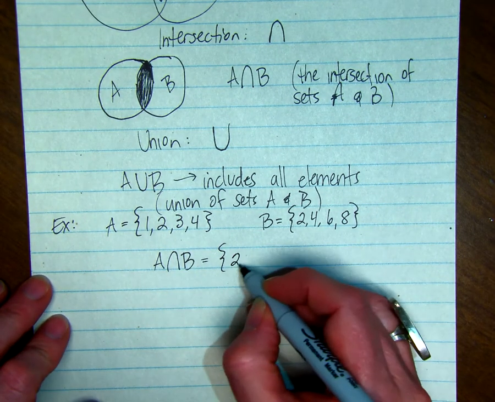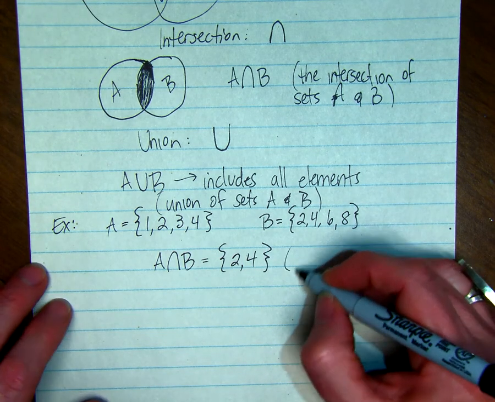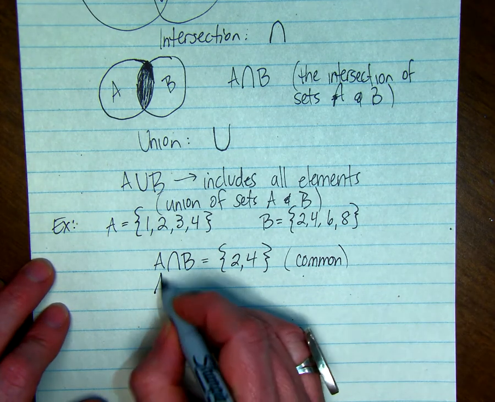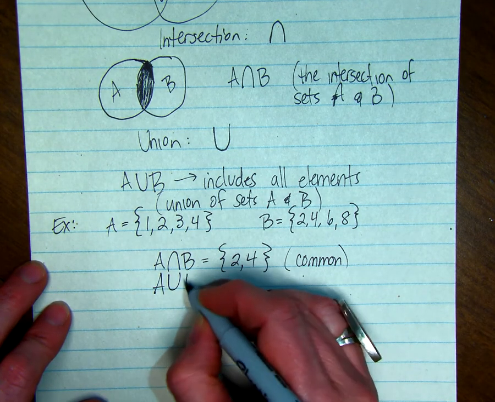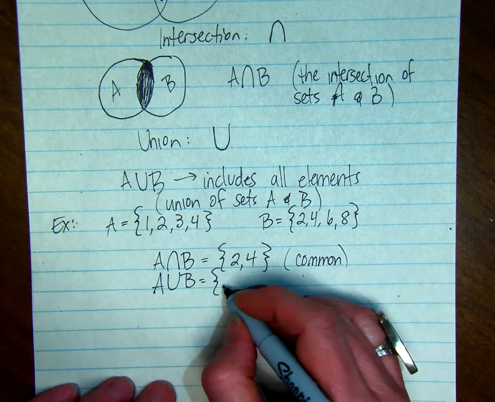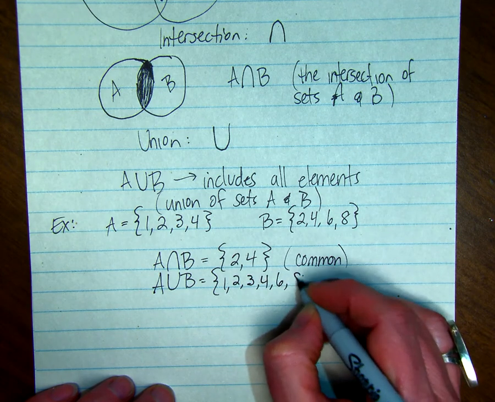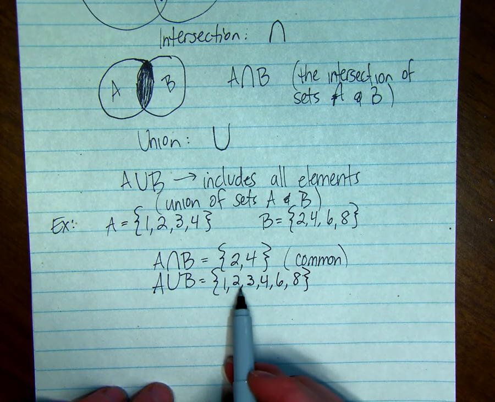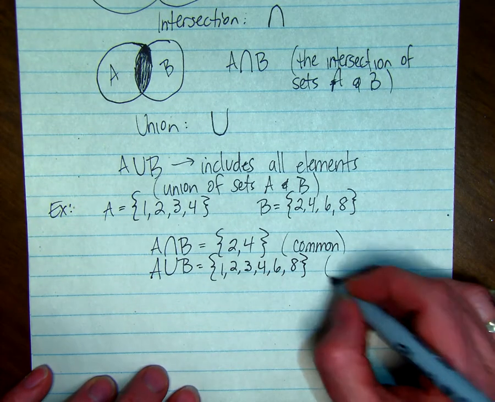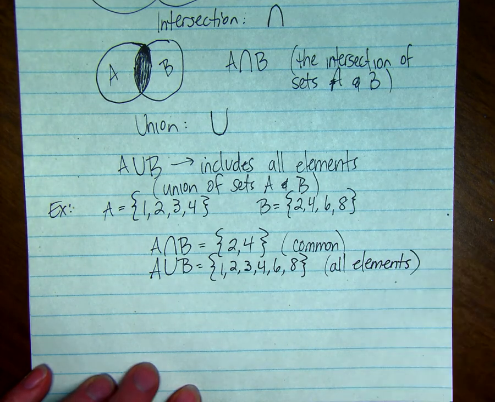They both have a 2 and they both have a 4. So that is what they have in common. If we did the union of sets A and B, that's going to be a list of all the numbers. So it's going to be 1, 2, 3, 4, 6, and 8. Notice that I only listed 2 and 4 one time. You don't have to list them twice. So this is all the elements in both sets, A and B.